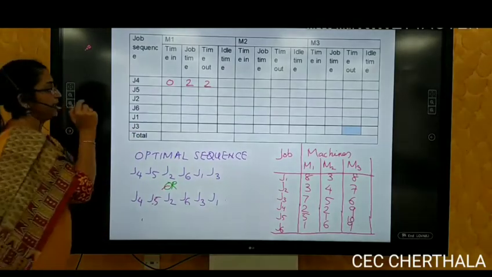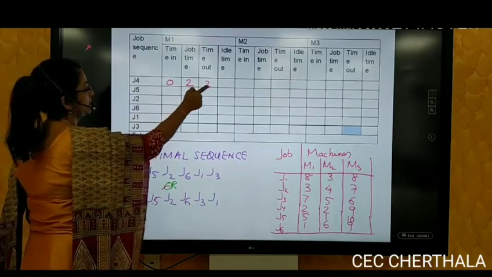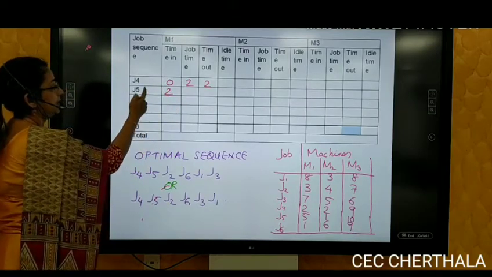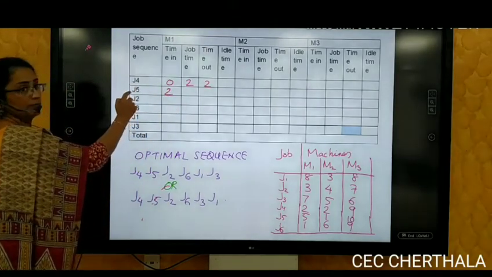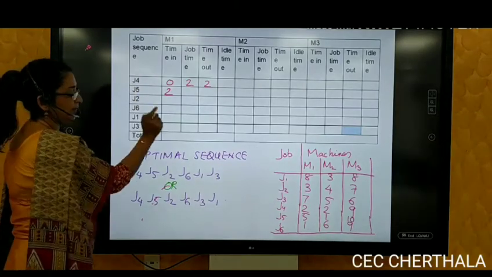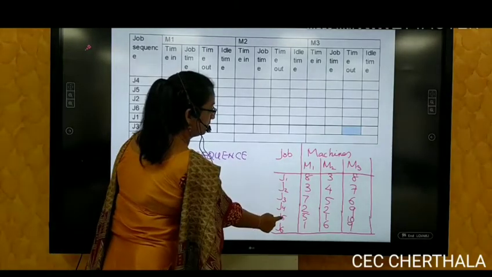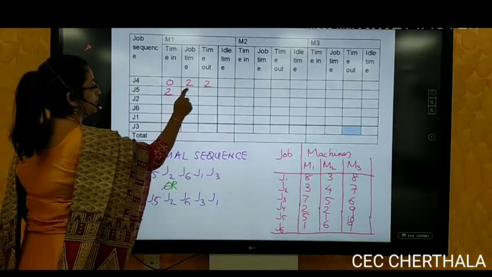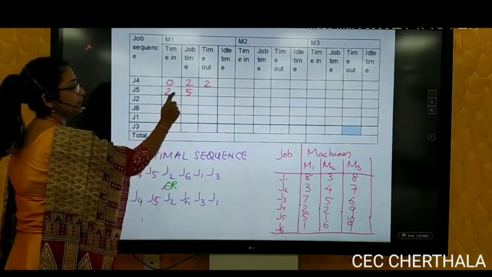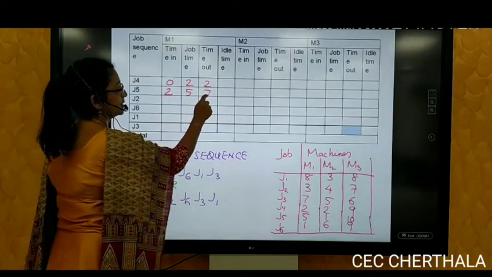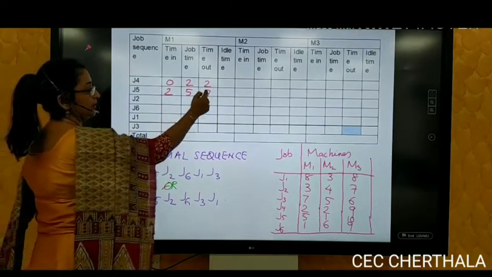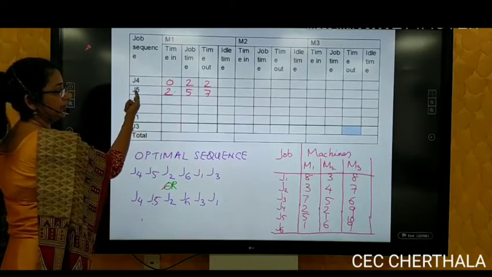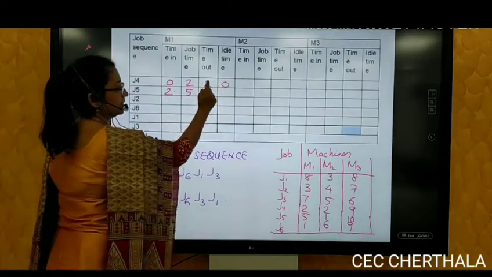Now after completing the first job, on the second day itself machine M1 takes the second job J5. Job time for J5 at machine M1 is 5. Therefore write 5 here. So time out is 2 plus 5, 7. Here there is no break. On the second day itself, machine M1 takes the second job, therefore idle time is 0.